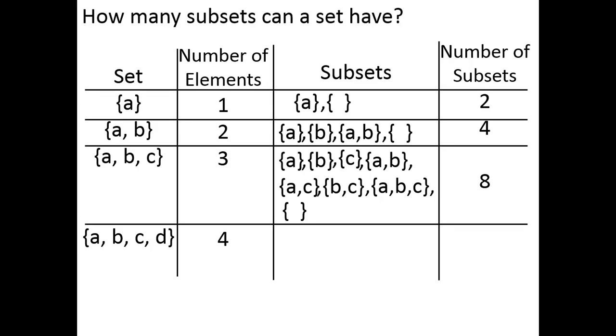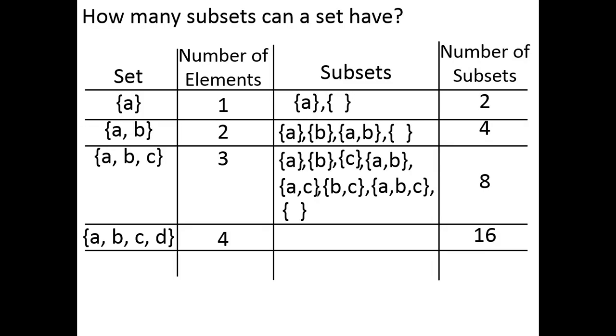The pattern in the number of subsets is 2, 4, 8. Those are numbers that follow a geometric sequence. In other words, to get from one number to the next, I have to multiply by something, which in this case is 2. So 2 times 2 is 4, 4 times 2 is 8, 8 times 2 is 16.